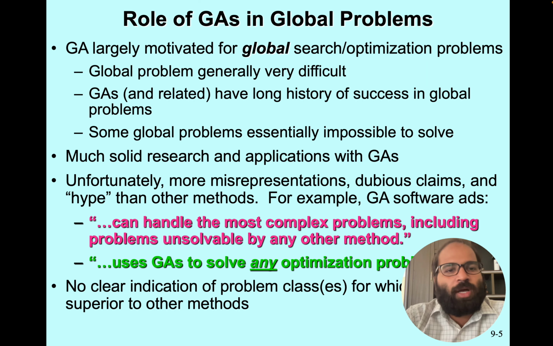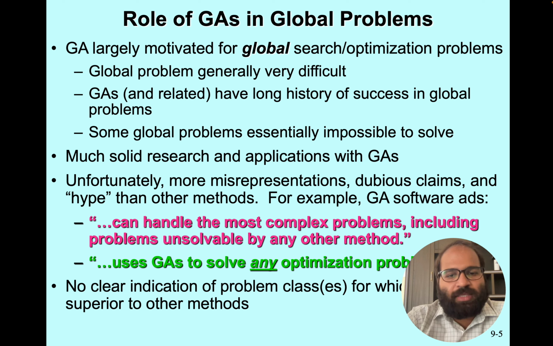Now, the role of GAs in global problems. A GA is largely motivated by global search and optimization problems, as I already mentioned. A global problem is very difficult to solve because it deals with several objectives and several constraints. From its inception, the genetic algorithm has had a very good success rate in solving global optimization problems.